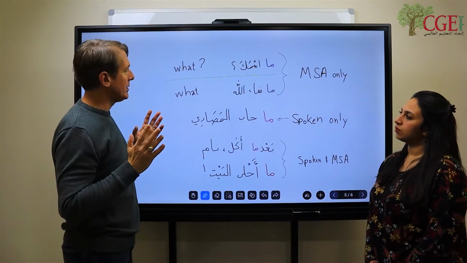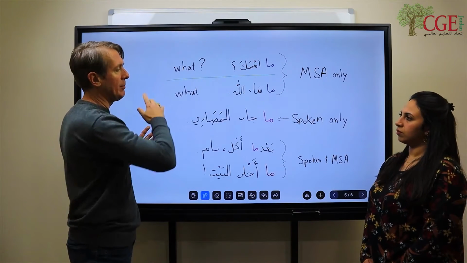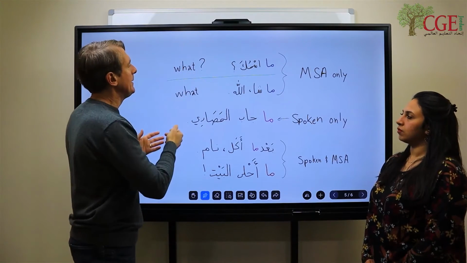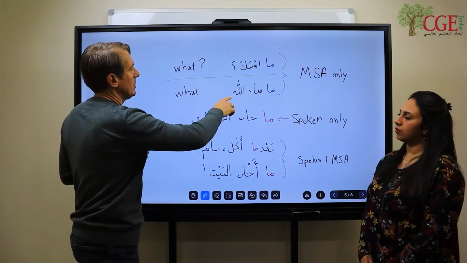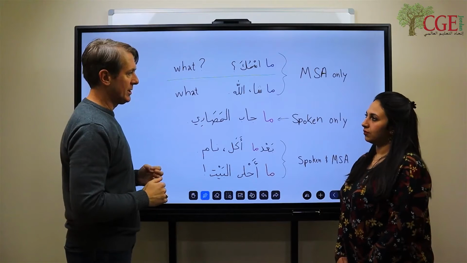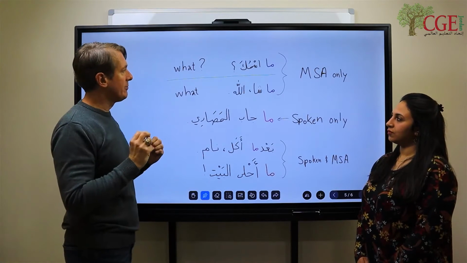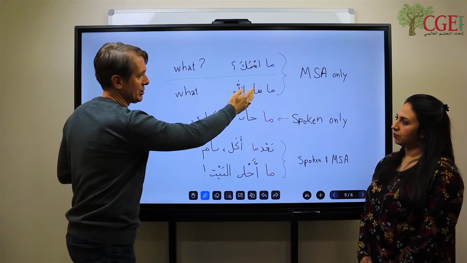So it's an interrogative, it's a question. What is your name, or what? There are a lot of ways to use it. It means what, with a question mark. Now here, let's see this. This is commonly used. What's this one? MashaAllah. This is taken straight out of MSA, but it is used because it has a religious tone.